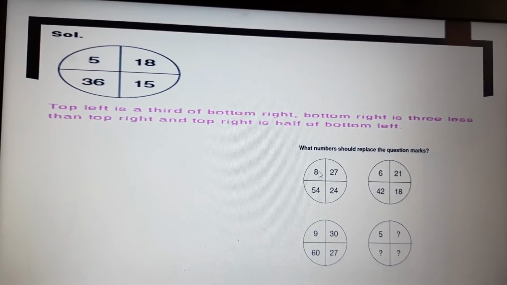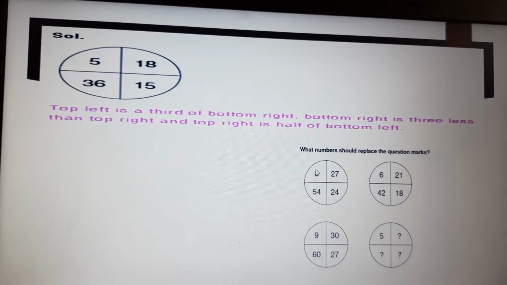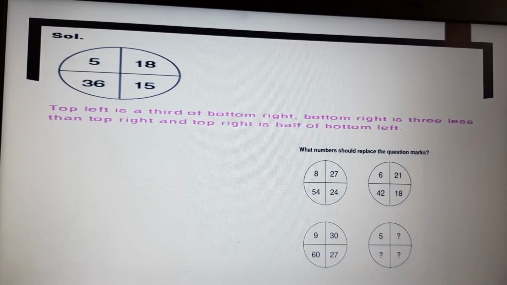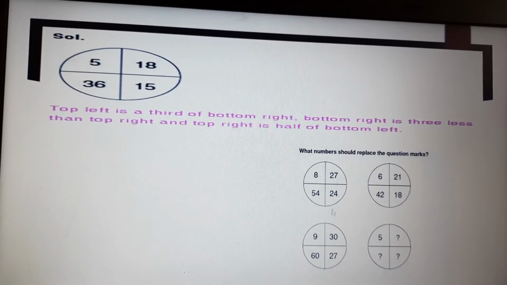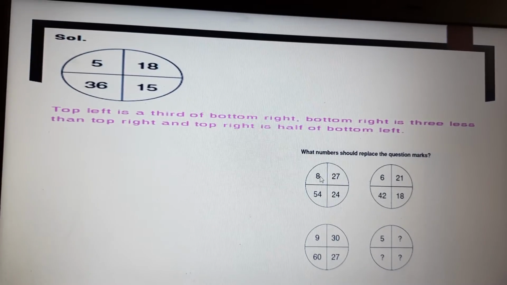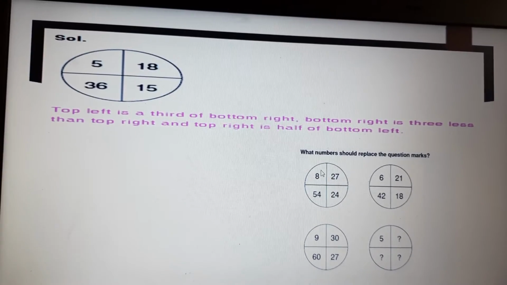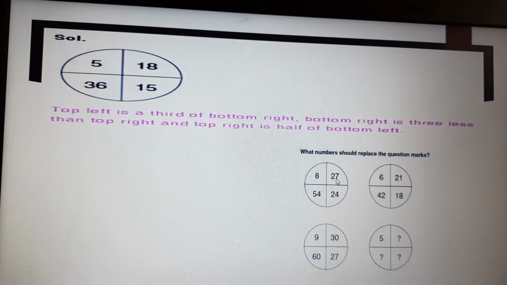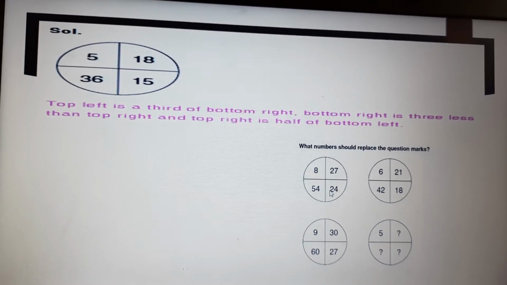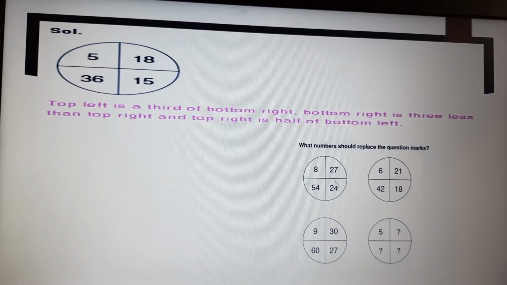The top left we have 8, which is a third of bottom right. If you multiply 8 by 3 it becomes 24, right? So this is the logic behind these two places, and bottom right is 3 less than top right.